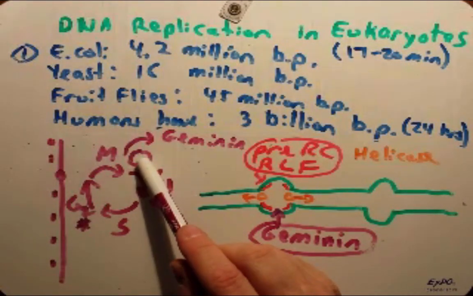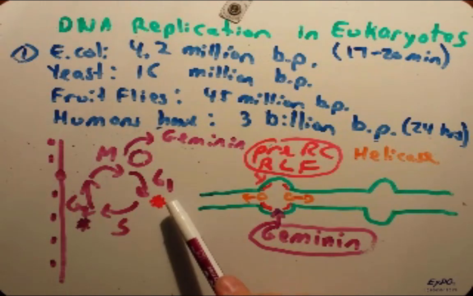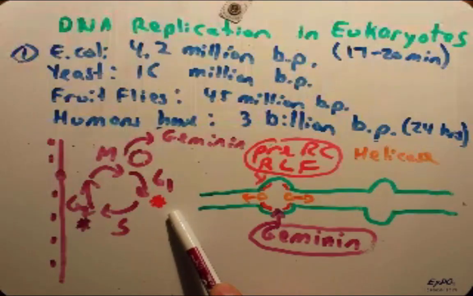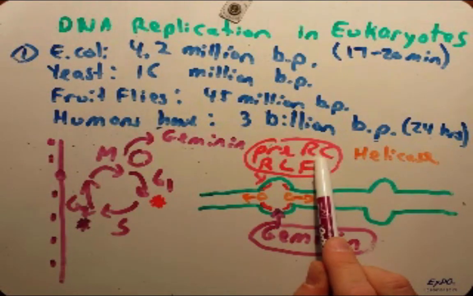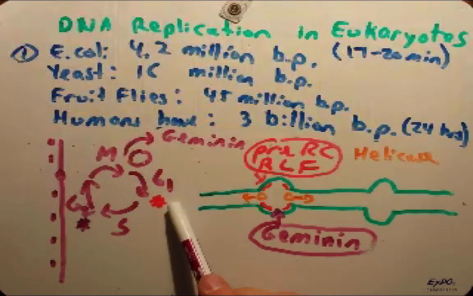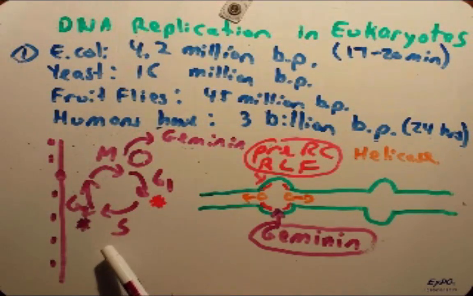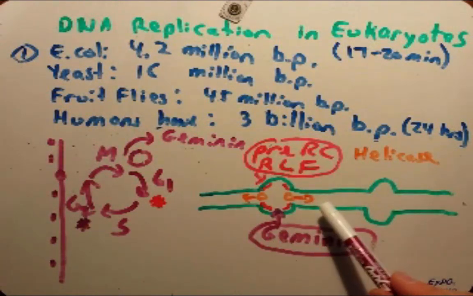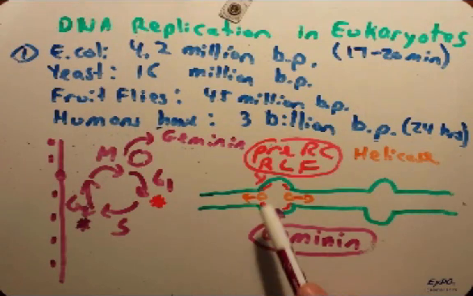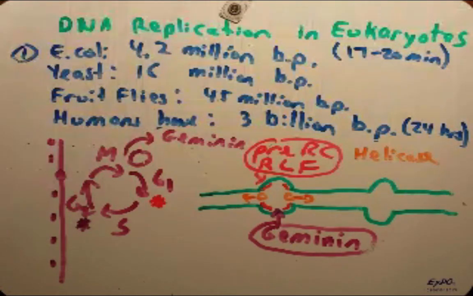As a new cell is produced, it enters into G1. Through various checkpoints, the cell is determined to be ready to copy its DNA. At this point, the pre-RC complex or the RLF complex binds to the origin of replication, allowing synthesis of the DNA or replication of the DNA to proceed. Once it binds, replication occurs. After it has started replication, geminin binds to these origins of replication so that additional rounds can't occur.